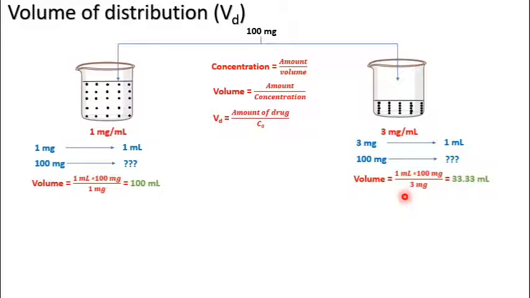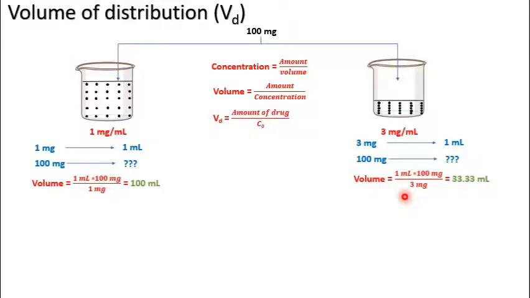So when we calculate the volume of distribution of a drug that is concentrated inside cells, we would find its value to be large because the concentration is low. And this value could reach, in some cases, for example, 500 liters or even more.